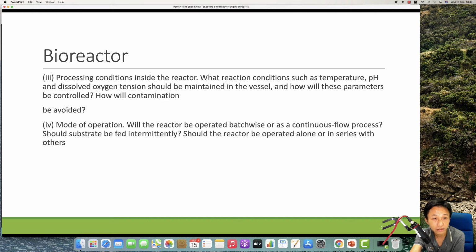For the next process inside the reactor, we want to control temperature, pH, DO, dissolved oxygen, and how parameter control works, how to deal with contamination so we can control it, and how we can avoid contamination. For example, the mode of operation: should it be continuous, or do we want to feed something in the middle, or just use the batch process, for example.